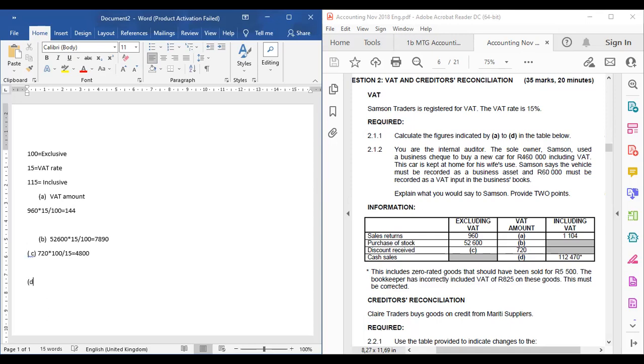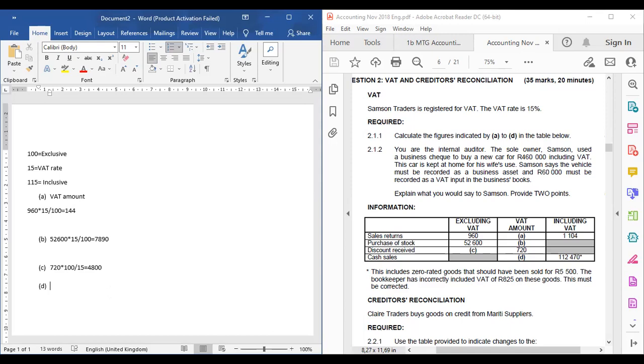And then the D. Going to D, it's cash sales, right?